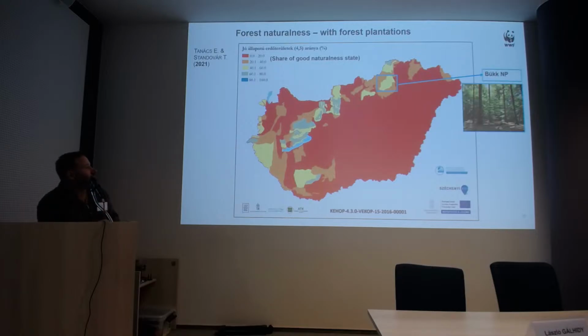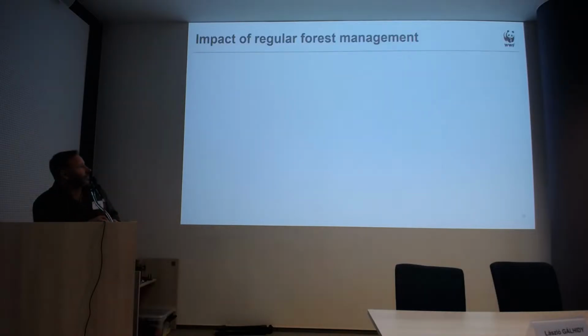Okay, let's focus a little bit on the Bükk National Park, which is on this map. It's quite in the middle by naturalness. And let's talk a little bit about forest management, because the largest impact on forest naturalness is still coming from the management.